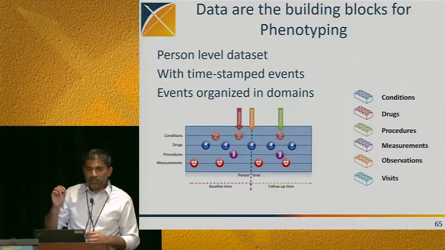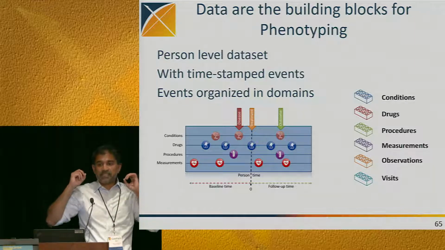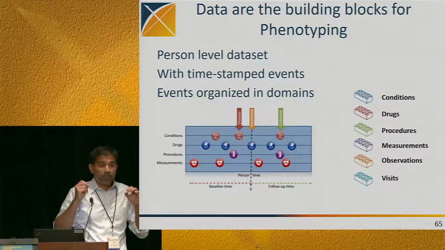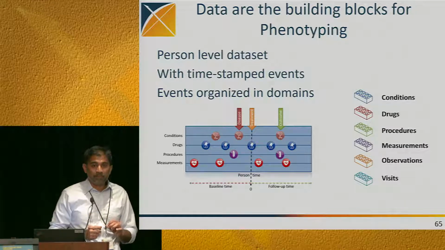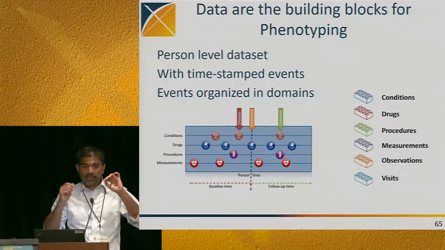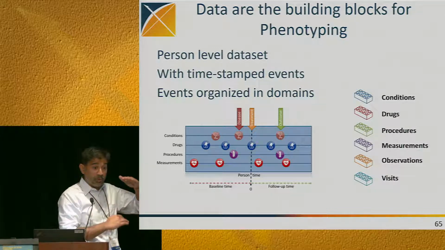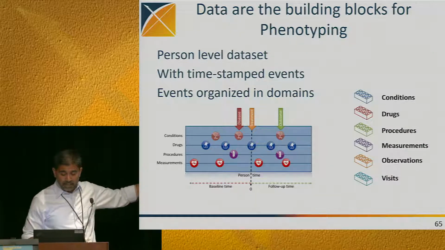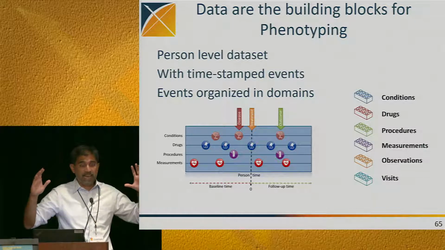In the rule-based cohort definition, you have to remember, the OMOP Common Data Model is a person-level data set. It captures events about people in time-stamped records. These events are organized into domains. If you look at that figure here, the x-axis is time. This is one person's data.